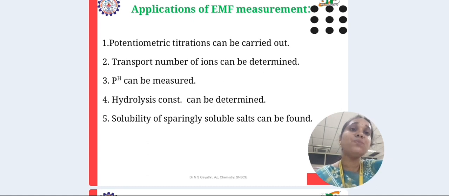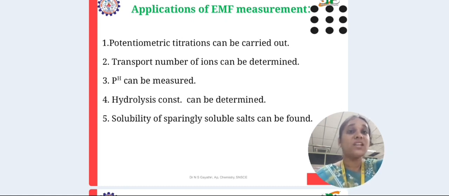The transport number of ions can also be determined using EMF measurement. Using the EMF measurement, the number of ions transported from one end to another end can be calculated. And the pH of the solution can be determined.